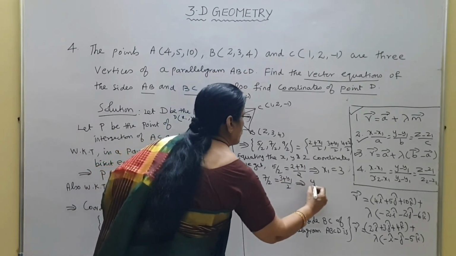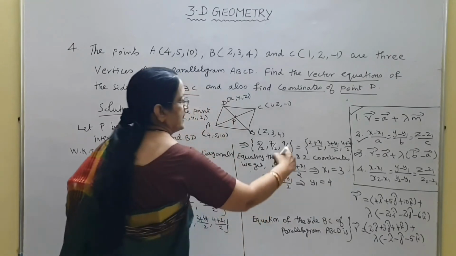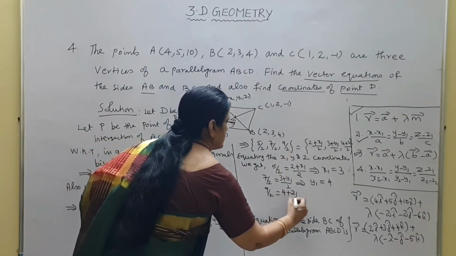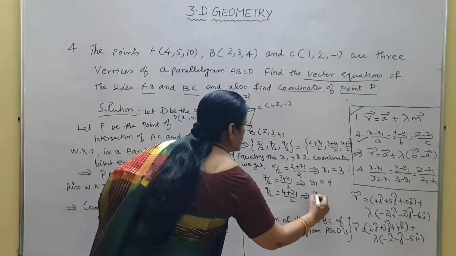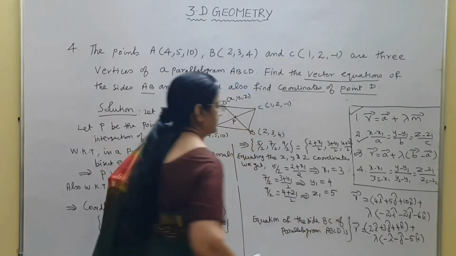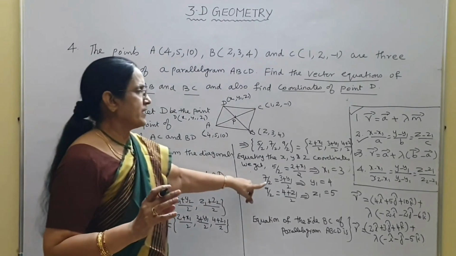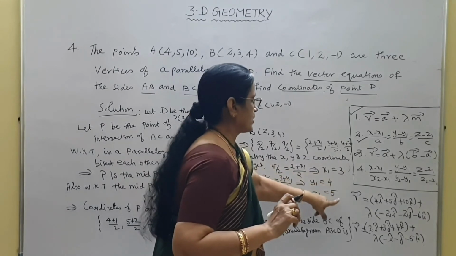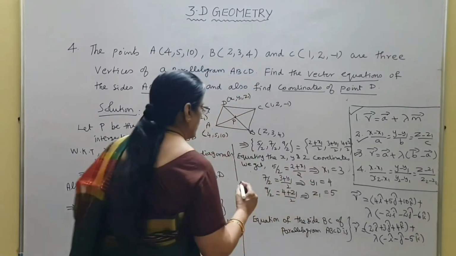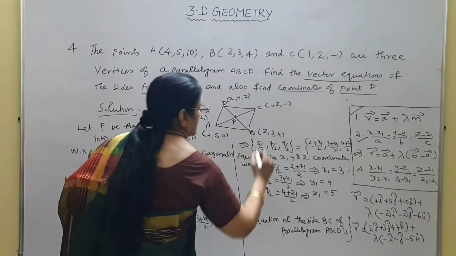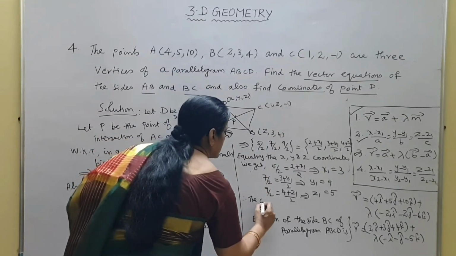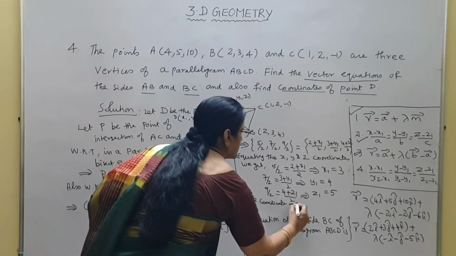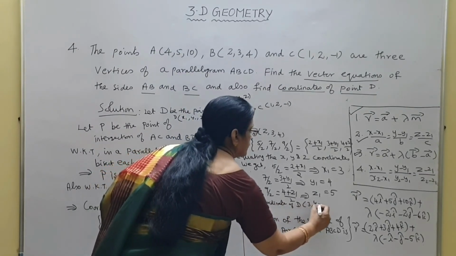This implies y1 equal to 4. Then 9 by 2 is equal to (4 plus z1) by 2, implies z1 equal to 5. So we got the coordinates of the point D, which is nothing but (3, 4, 5). So therefore, the coordinates of D are (3, 4, 5).